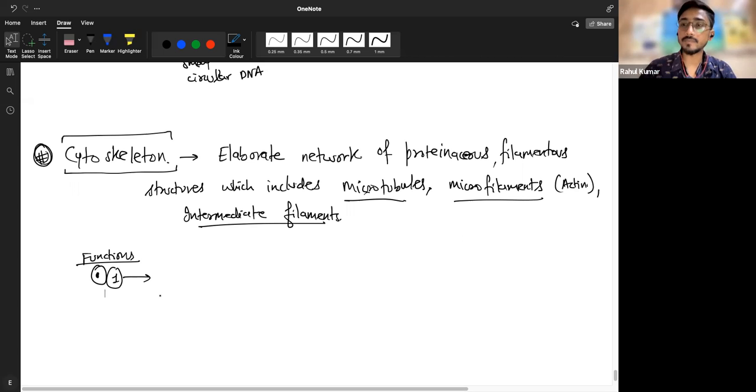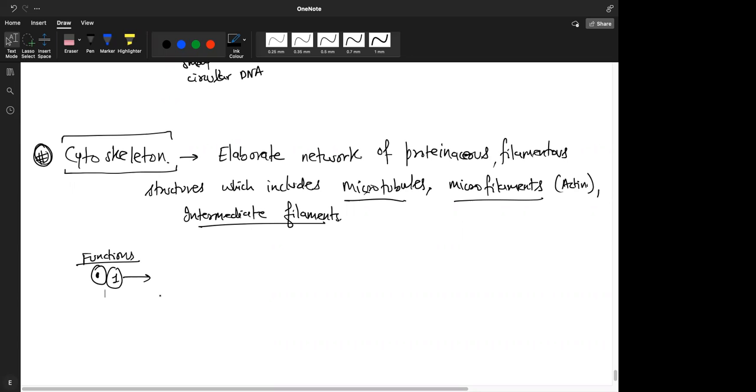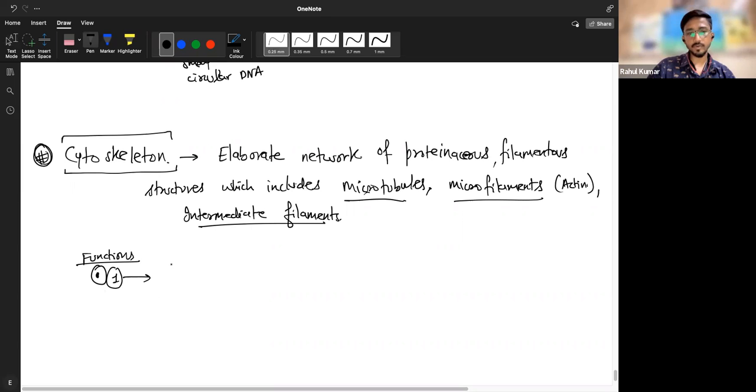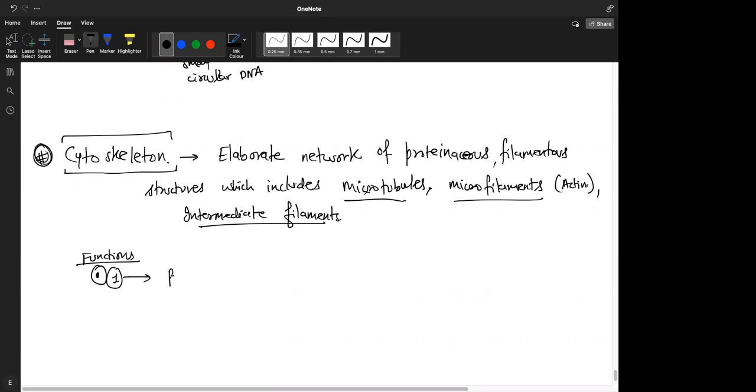In the very beginning of the chapter, we talked about different types of cells in the human body. Remember, Iram? I think Aisha was not there in that class, but we discussed neuron cells, muscle cells, fat cells, RBCs, right? RBC has a particular shape, and WBCs do not have a shape. Remember all these things? So that shape is maintained through these cytoskeletal elements. So first is mechanical support from within.